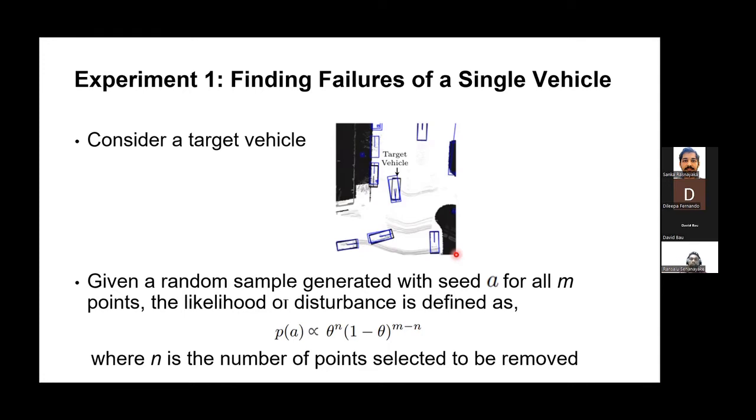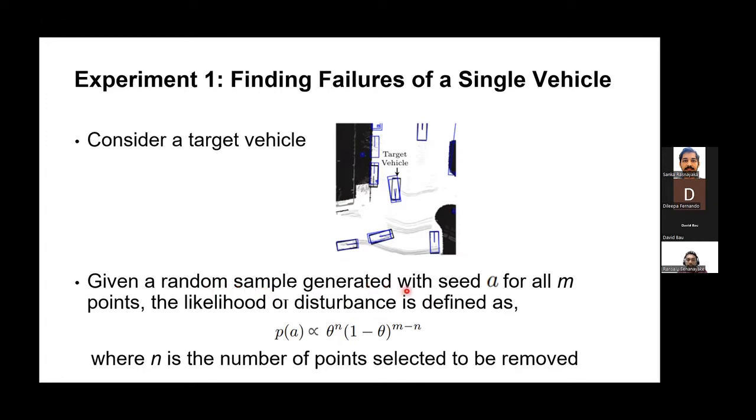Now the very simple disturbance we consider here is this function. For a given point, it's like a Bernoulli: you either keep that point or you remove it. You have a whole point cloud, and you remove it or you keep it.